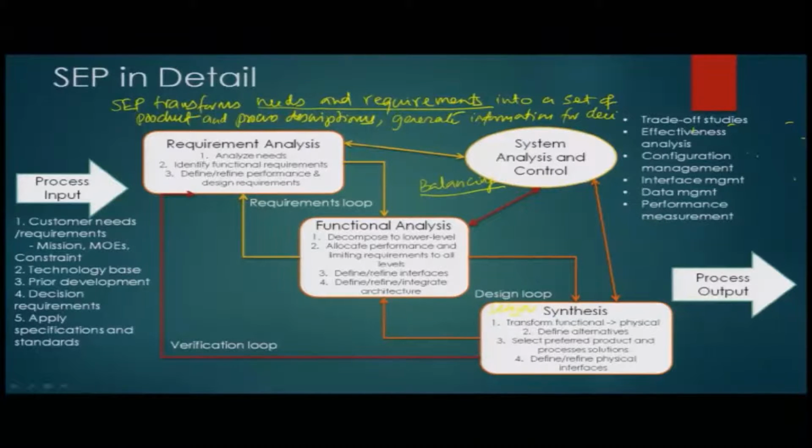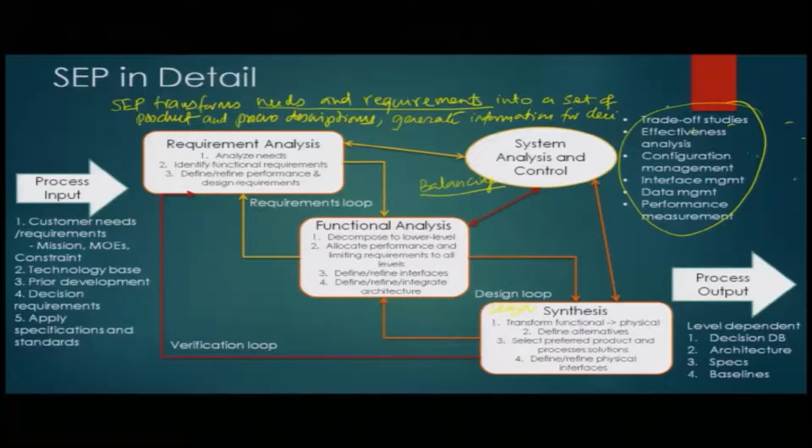Configuration management, interface management, data management, performance measurements, all these aspects that you see here are the tools used by the system analysis and control team to balance the system development endeavor, to ensure that the development process moves forward beyond the loops and you actually get a process output out of it.